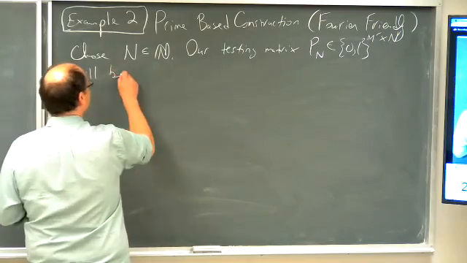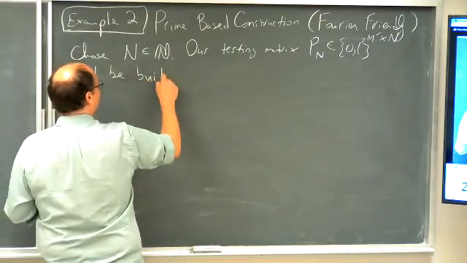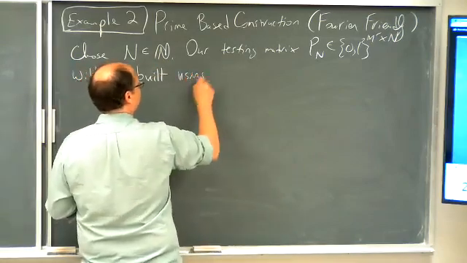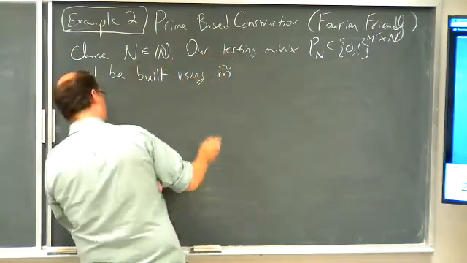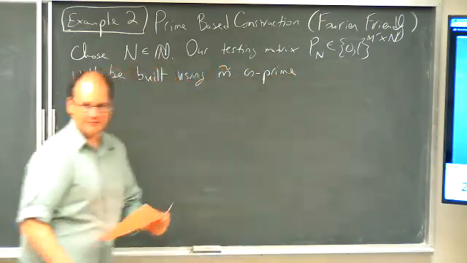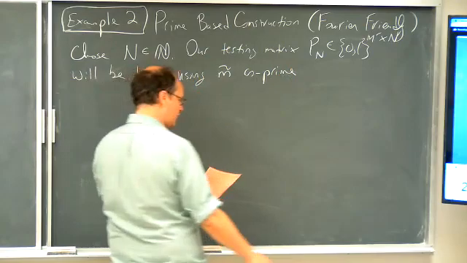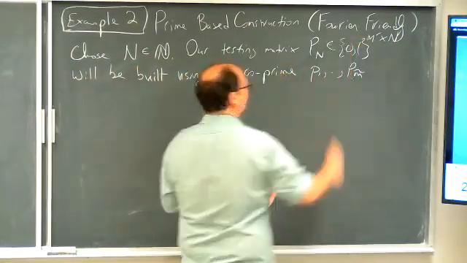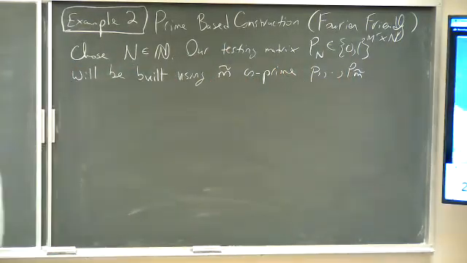So we're gonna build this guy using m tilde co-prime numbers, which could just be primes if you like. They're the easiest co-prime numbers to guarantee. So P1 through P m tilde.